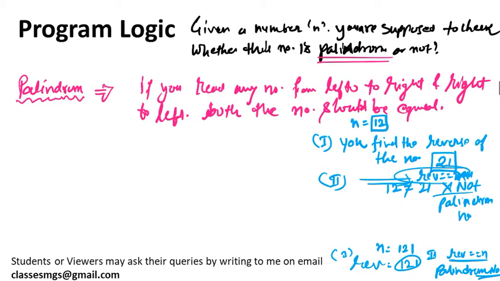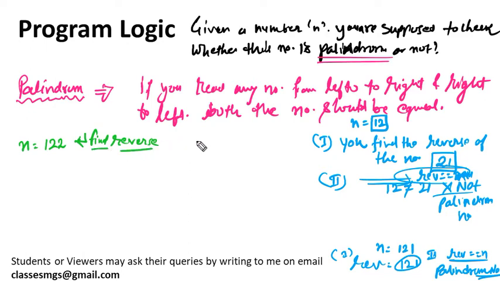Let me take a different color pen and show. Let's suppose the user has entered 122 and we need to check whether this number is a palindrome or not. So what we need to do is find the reverse.